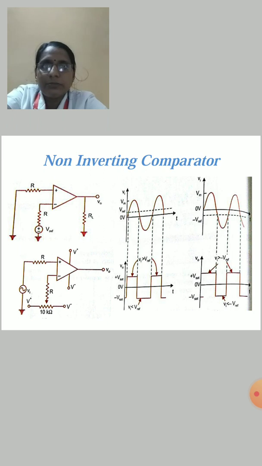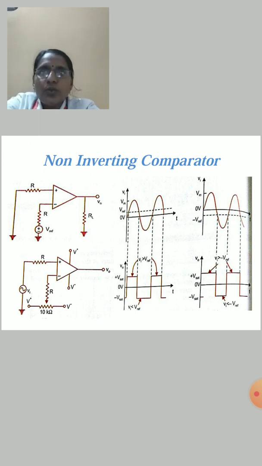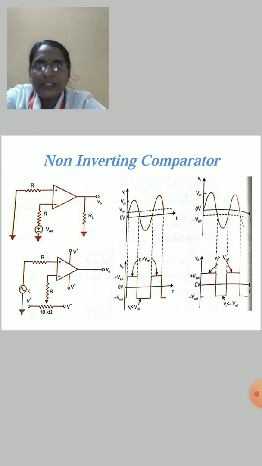The inverting terminal is grounded. The input voltage is denoted as Vin, while the voltage applied to the other terminal, with which Vin is compared, is denoted as V reference. In this comparator, V reference is equal to 0 volt.